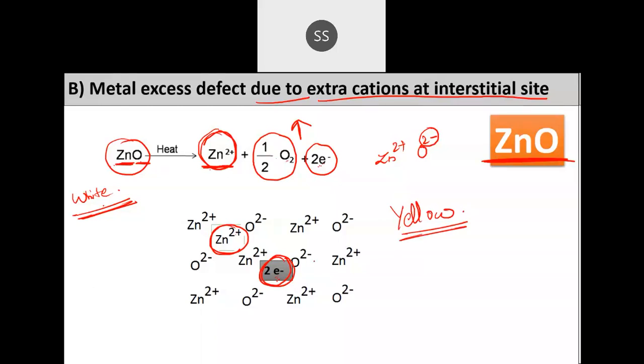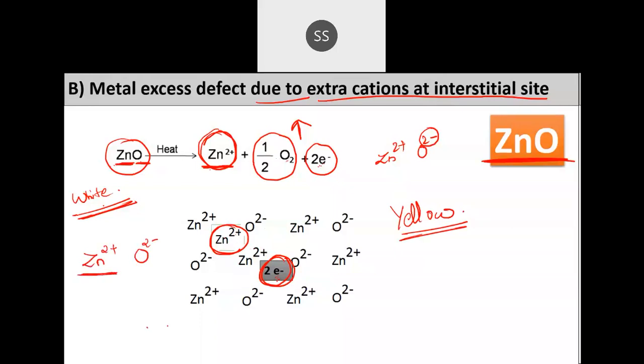Comparing the ratio of zinc and oxygen, which will be more in number now? Zinc ions will be more in number than oxygen. You can understand from this: when you are heating, oxygen is escaping out, and what remains is only the zinc cation. So zinc cations will be larger in number.